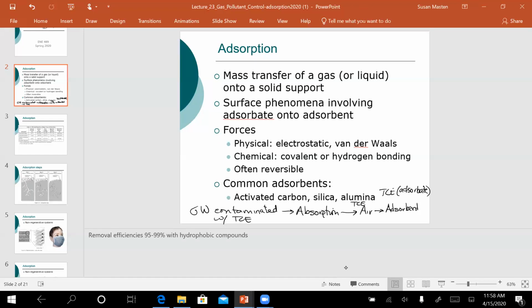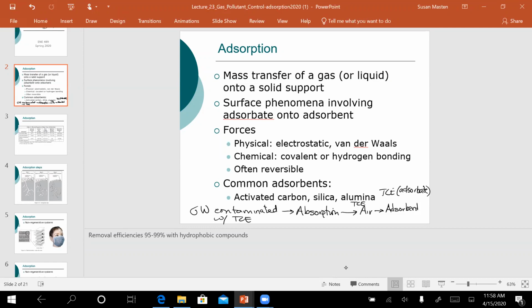Sorbents can be activated carbon, used extensively both in water treatment and in air treatment. Silica, alumina, a variety of materials can be used as sorbents. They can even be your curtains in your living room.